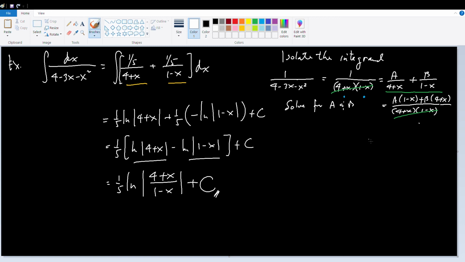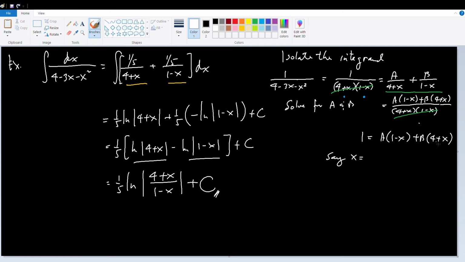So let us go back to this portion. So we have 1 equal to a times 1 minus x plus b times 4 plus x. We substitute a value to x that will make the factor 0. So let's start with 4 plus x.